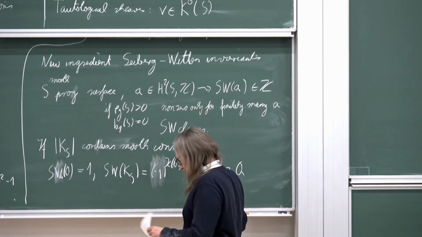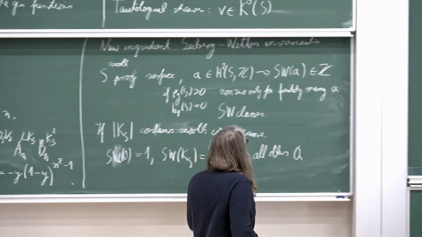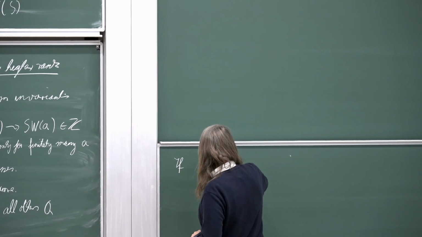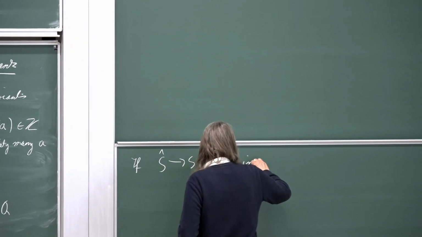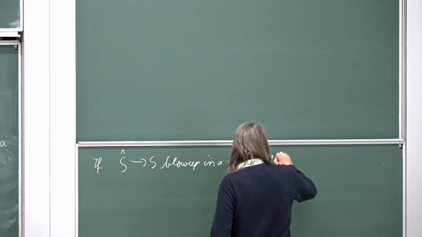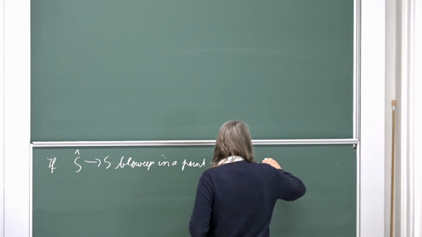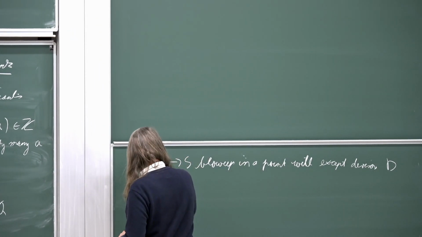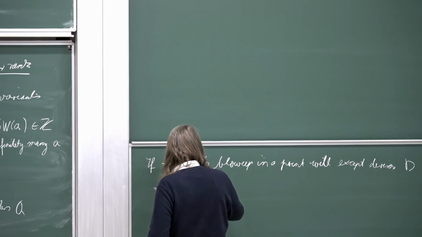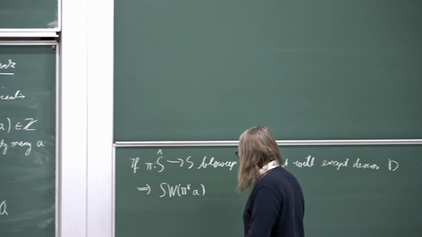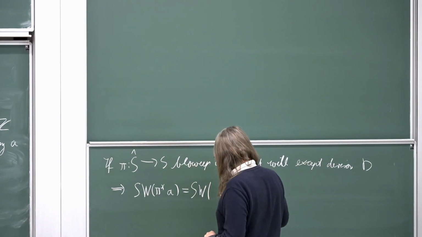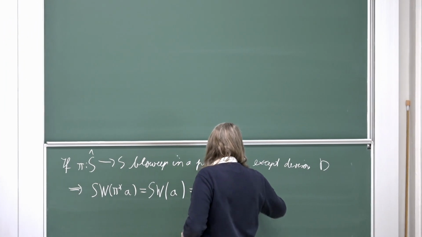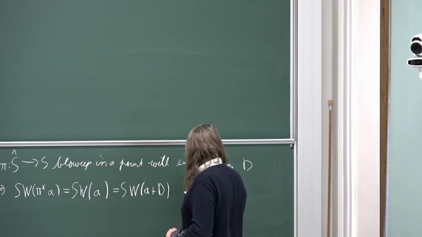And what will be important for us is also: if S hat to S is the blowup in a point with canonical divisor K and with exceptional divisor E, then it follows that the Seiberg-Witten invariant of the pullback of the class A on the surface is equal to the Seiberg-Witten invariant of A, and it's also equal to the Seiberg-Witten invariant of A plus the exceptional divisor, and all others are 0.